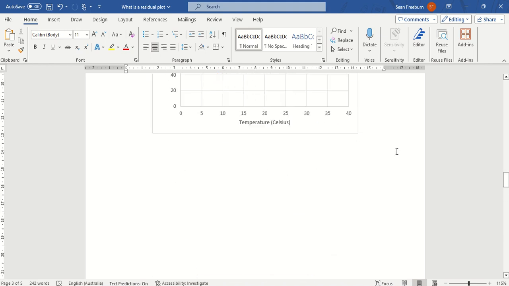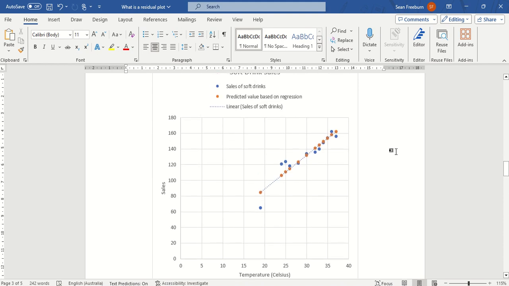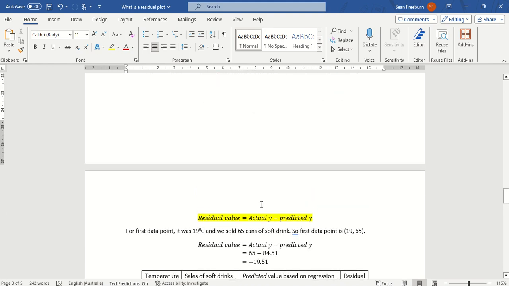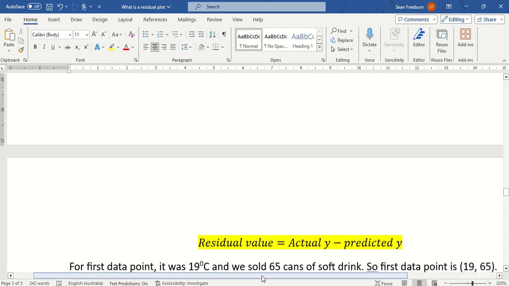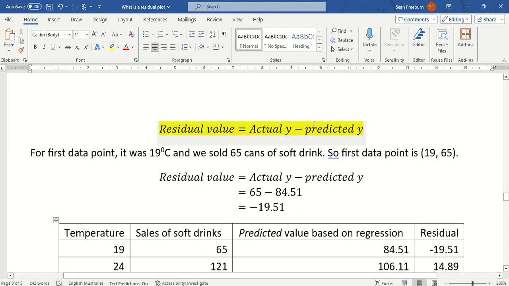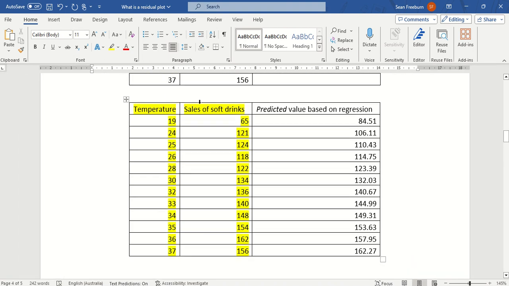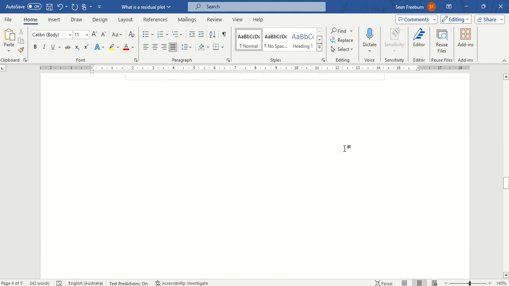Anyway, so to do a residual plot, we need to find residuals. Yes, I know, it's taken a while, but we're getting there. So to find a residual value, it is the actual y value minus the predicted y value. In other words, what actually happened, my actual sales of soft drinks, minus my predicted sales at 19 degrees.